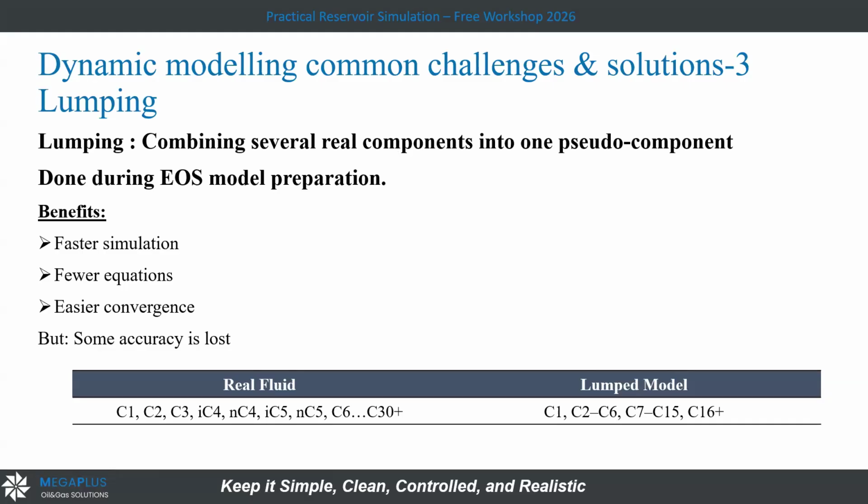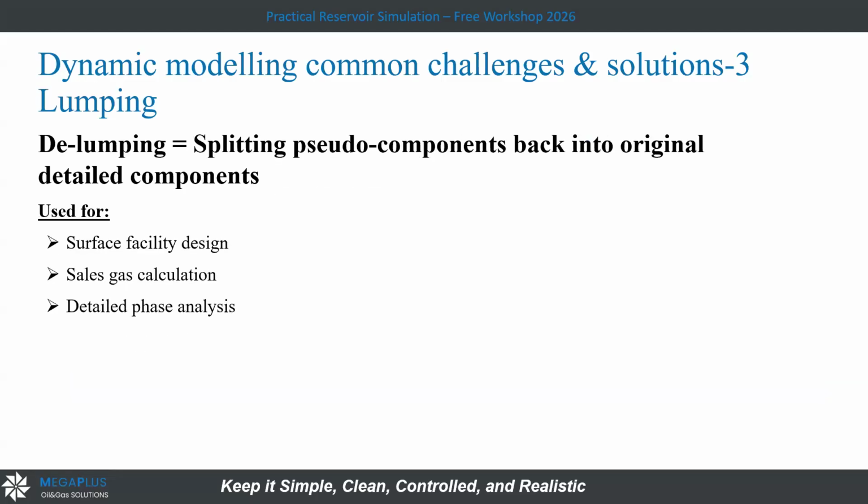So you need to know exactly which components to lump with each other, and after that the model or other simulators can delump. After production, the production will go to surface facilities, and all of that needs a full composition to take care of planning, compressors, separators and all of that. So why are we doing lumping? To save time and calculations.